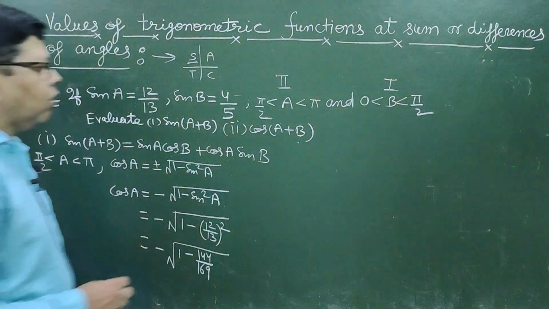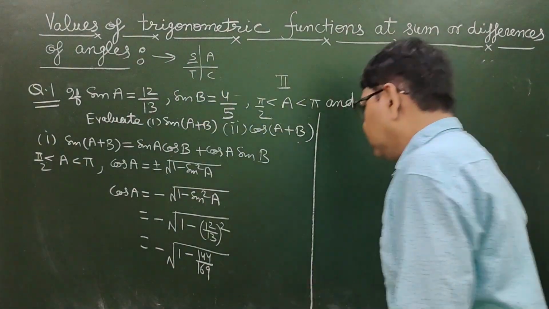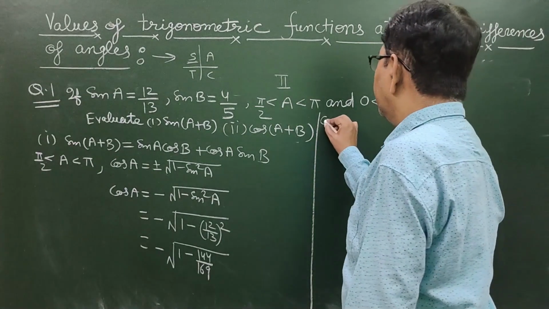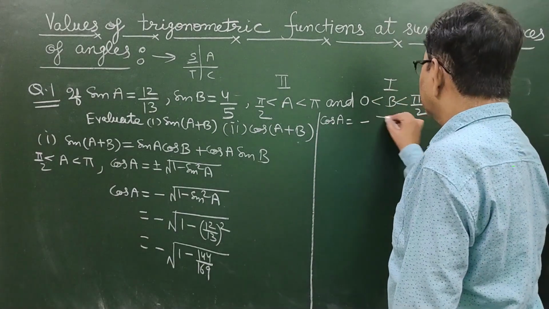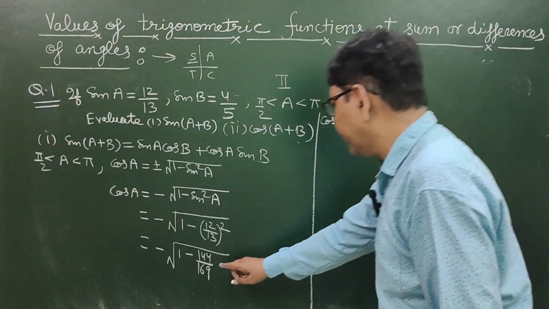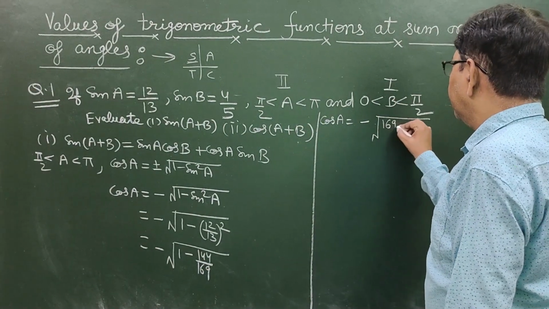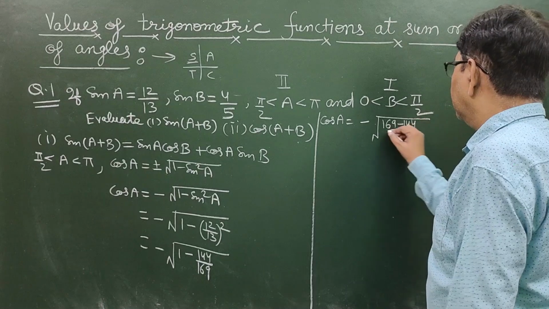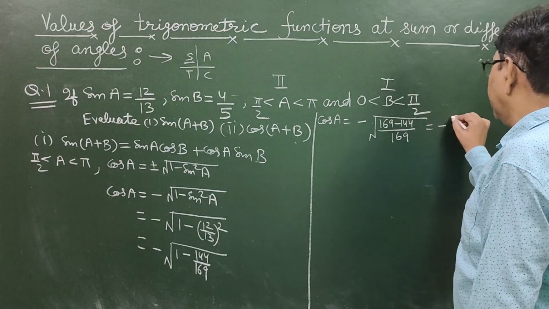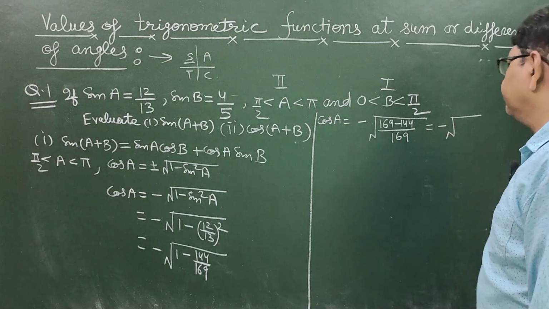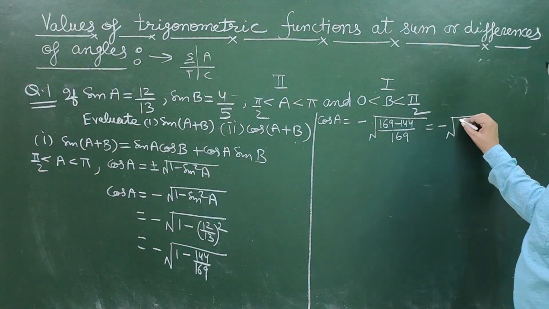On further simplifying this, on taking the LCM, cos A is equal to minus under root (169 minus 144) upon 169, which is equal to minus under root 25 upon 169, because 169 minus 144 is 25.